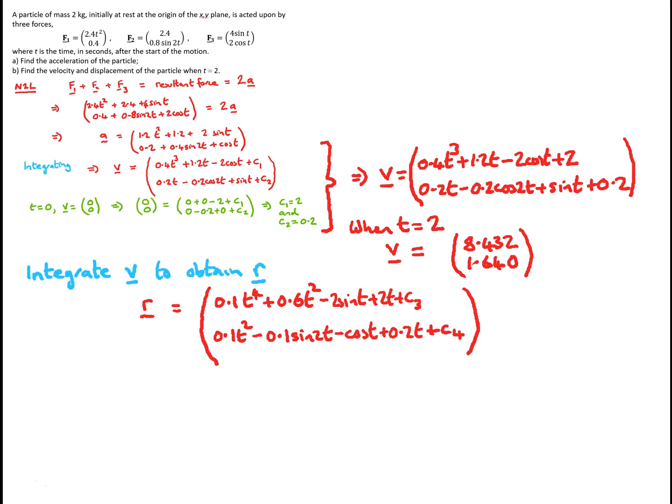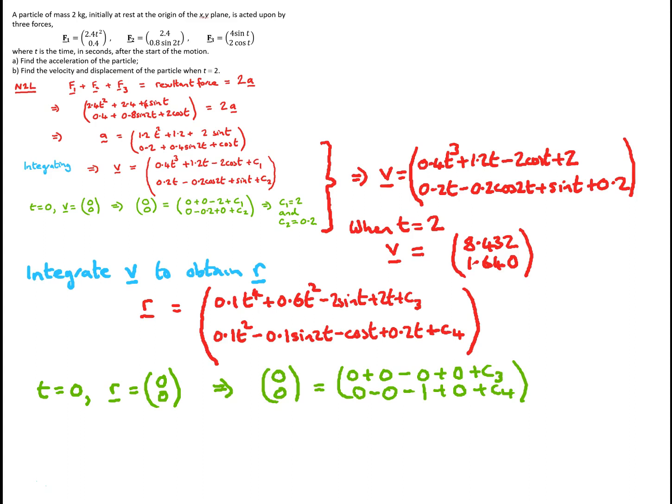Now again, we need to find the values of the two constants, and we know that we're measuring the displacement away from the initial position. So when t equals 0, the displacement is simply 0, 0. Looking at the x component, we have 0 plus 0 minus 0 plus 0 plus c3, so c3 must equal 0.